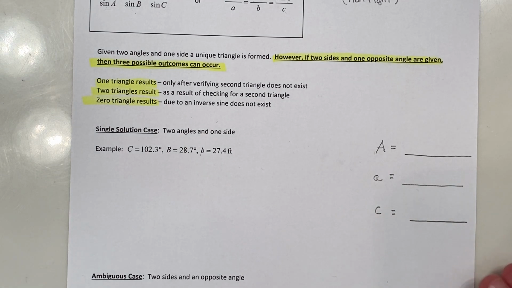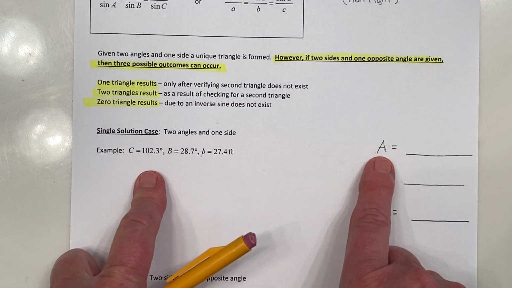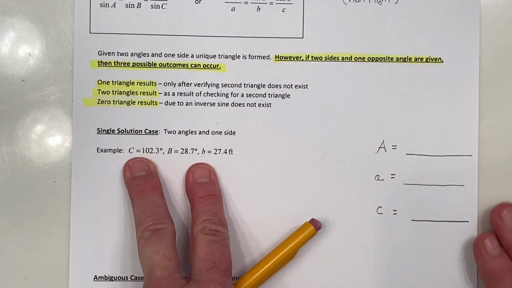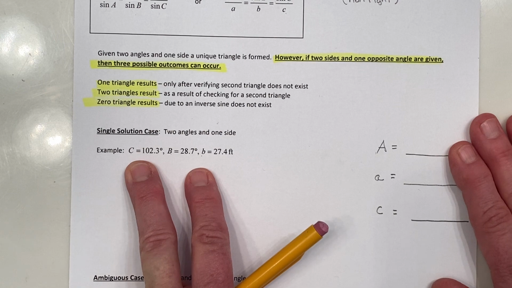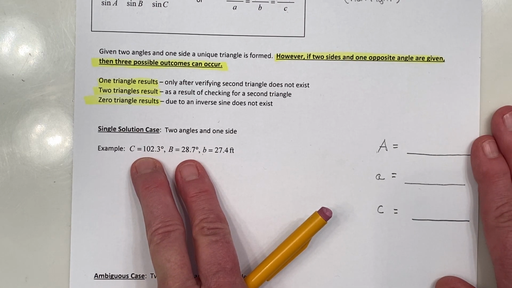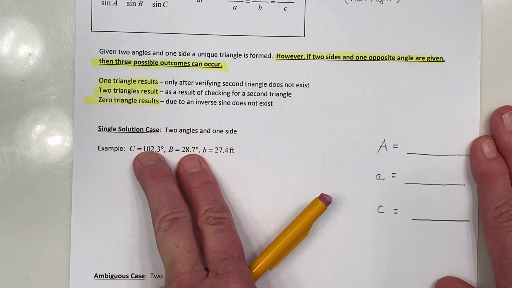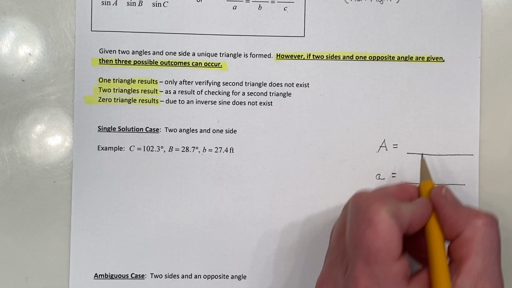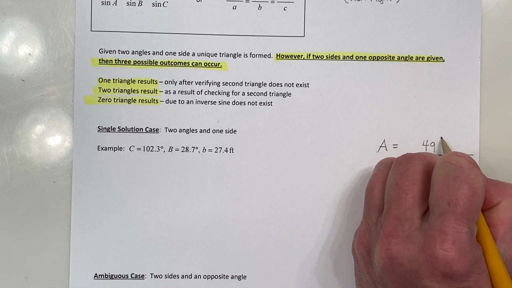All right, so what we're going to do is maybe find the angle first. Since you're given two angles in a triangle, let's add these two values together and then subtract from 180 degrees, because we know there are 3 angles in a triangle. And we get 49 degrees.